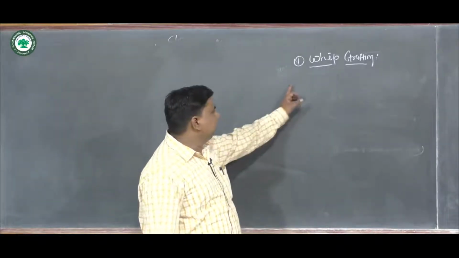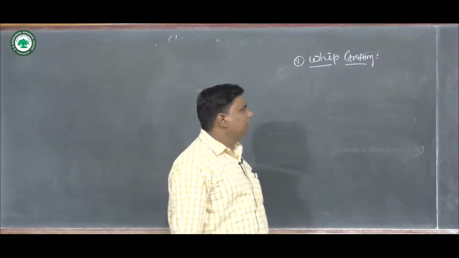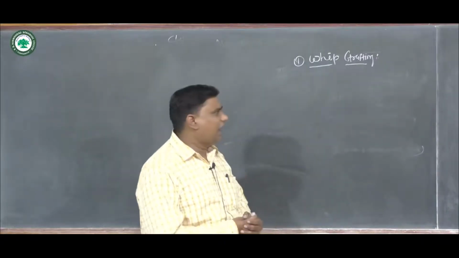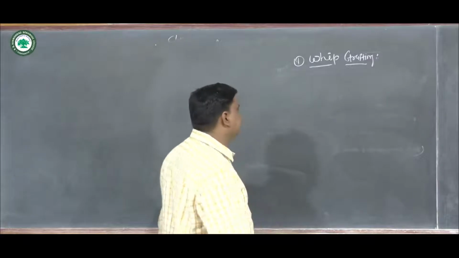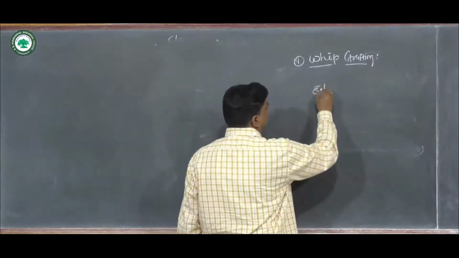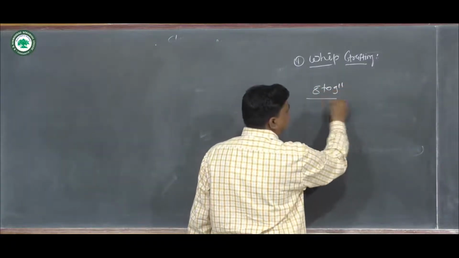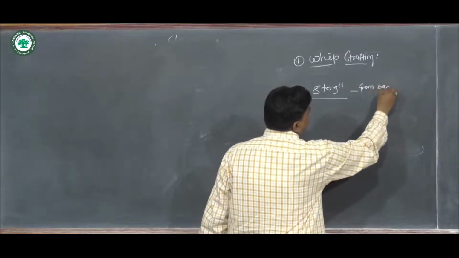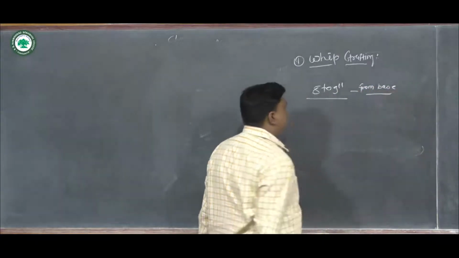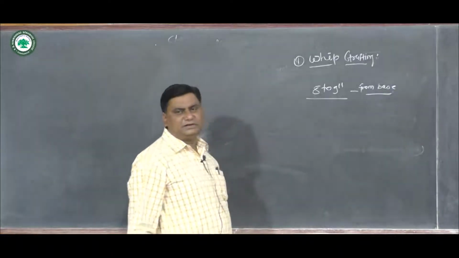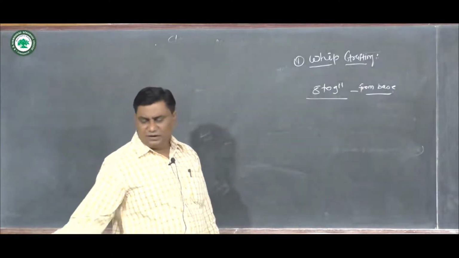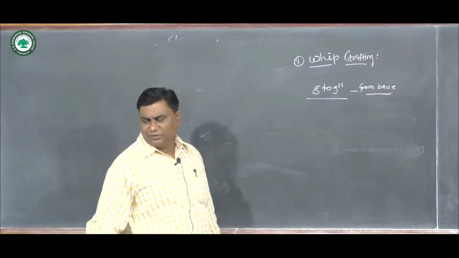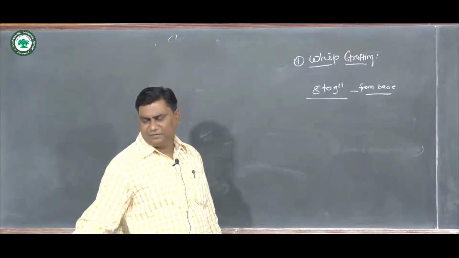Here, in case of whip grafting, the seedling stalk is cut off at the desired height of 8 to 9 inches from the base. Okay, the seedling is cut at the desired height of about 8 to 9 inches.